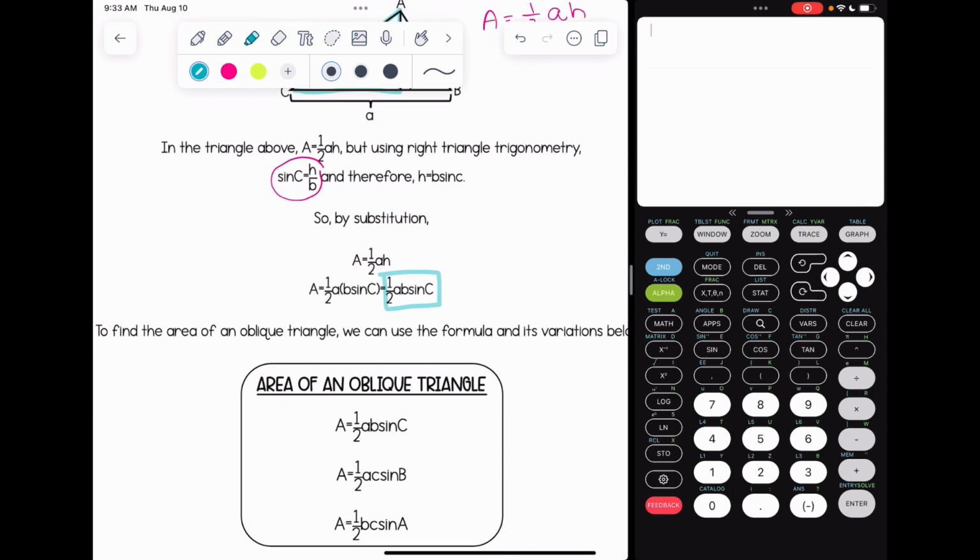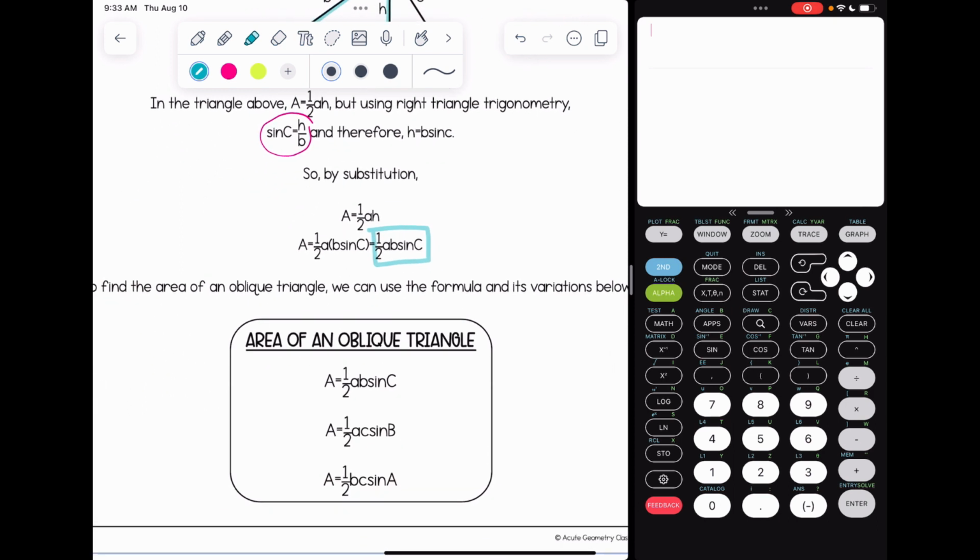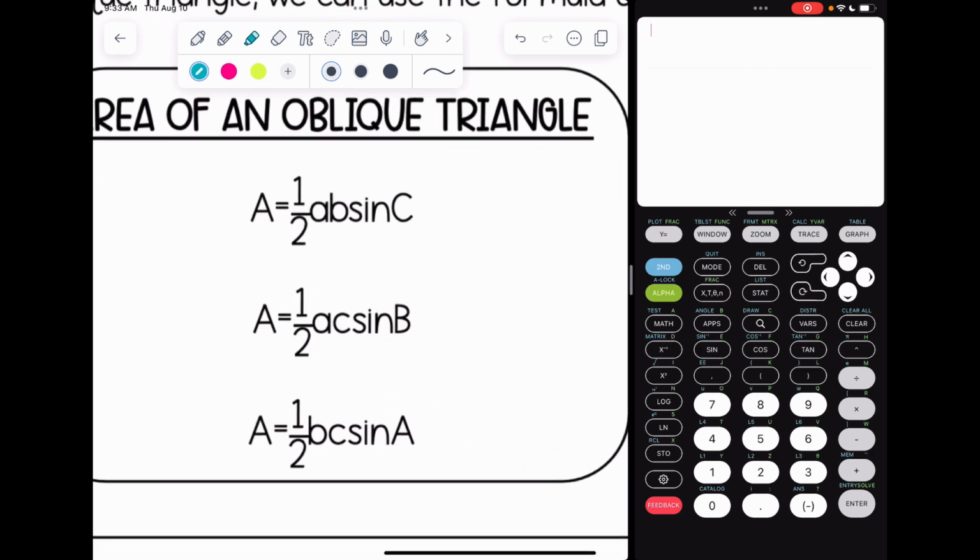In our notes I have written the formula and its variations. Sometimes the angle you are given in the problem is angle A, sometimes angle B, and sometimes angle C, so the formula varies based upon the angle you're given.